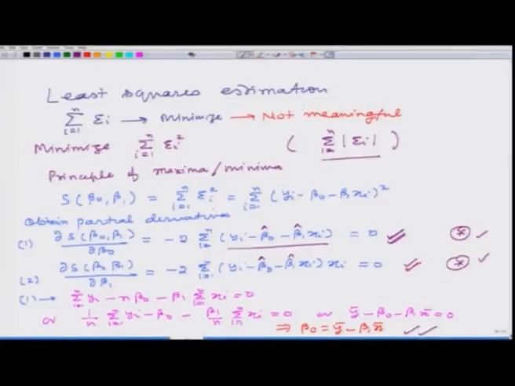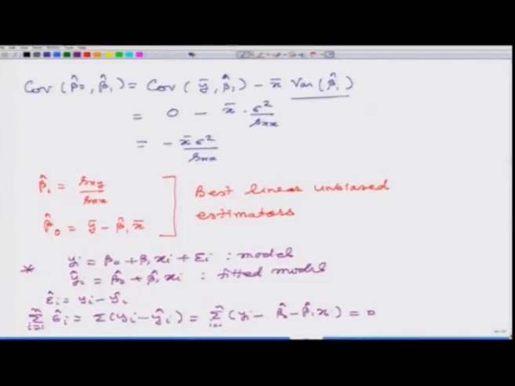Using this equation, I can write down directly, because this is coming from the normal equation, that the sum of residuals is 0.